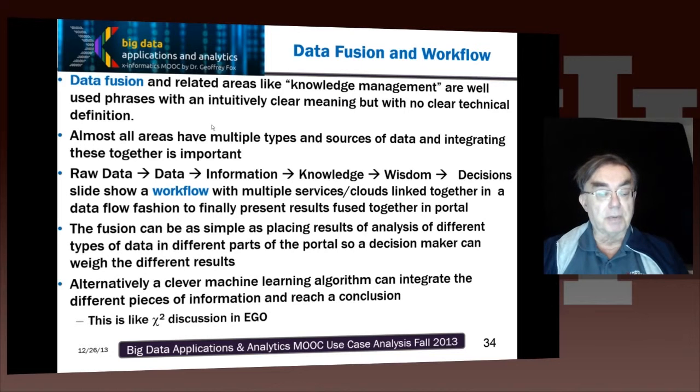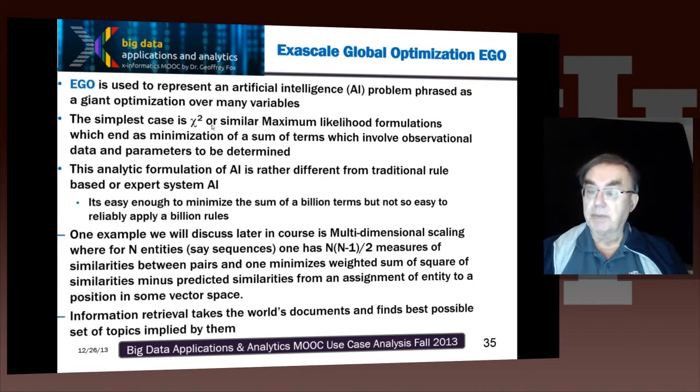When we come to global optimization, where we're parameterizing the world, summing over all the information we have, that's effectively a fusion algorithm because it's taking disparate things and adding them together to reach some sort of conclusion. So that's this exascale global optimization classification. So let me now come to that.